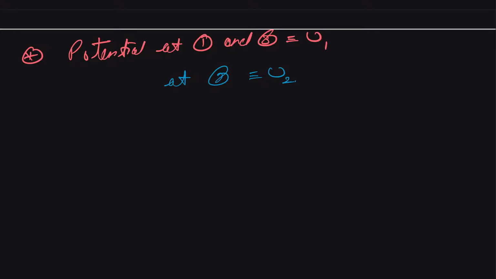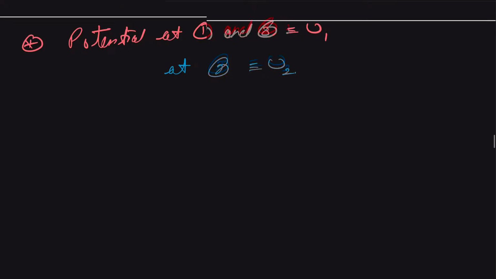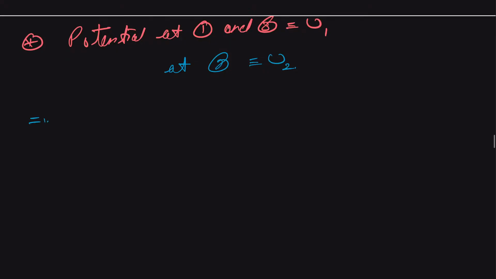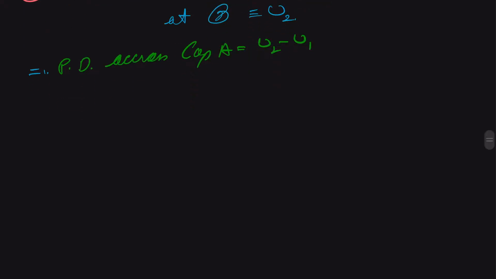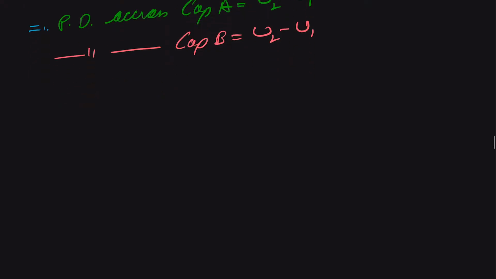So the potential difference across capacitor A will be V2 minus V1, and the potential difference across capacitor B will also be V2 minus V1. So both capacitors have the same voltage across them.